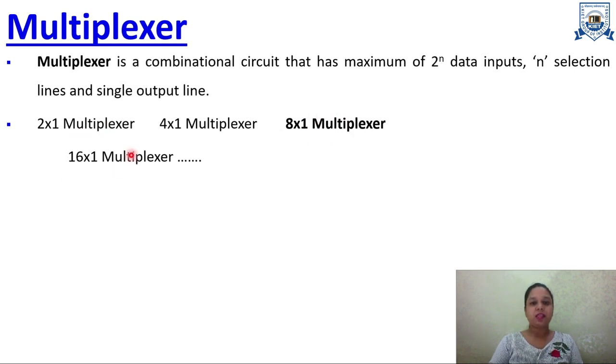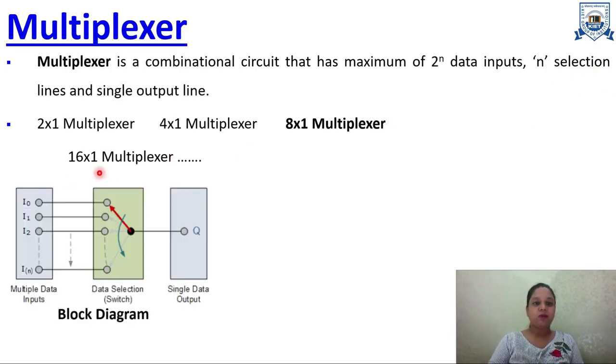Next is the 16 into 1 multiplexer. It means there will be 16 inputs, which is 2 to the power 4, so there will be 4 select lines, and as always in a multiplexer there will be 1 single output. Let's see the block diagram of a multiplexer.